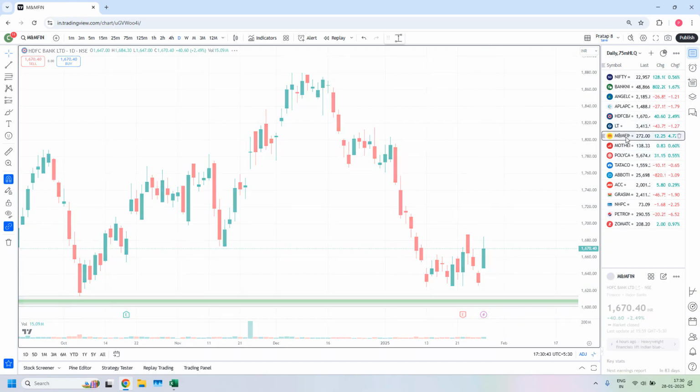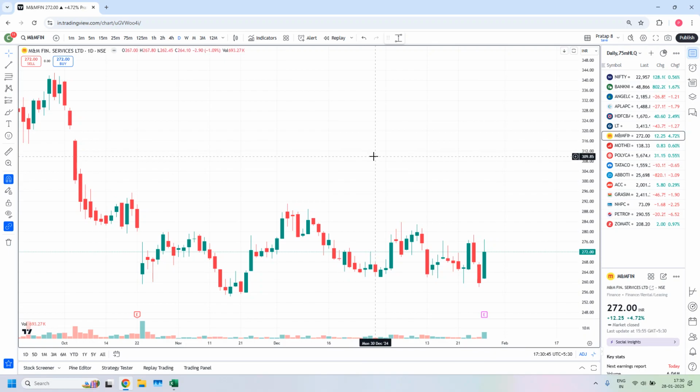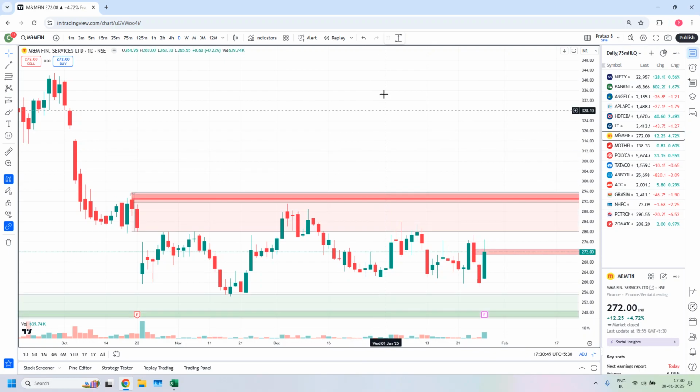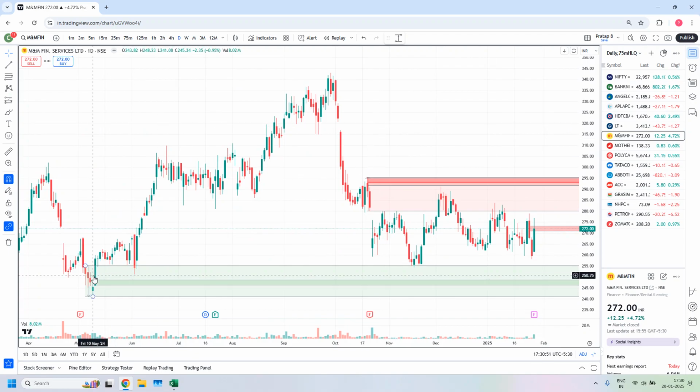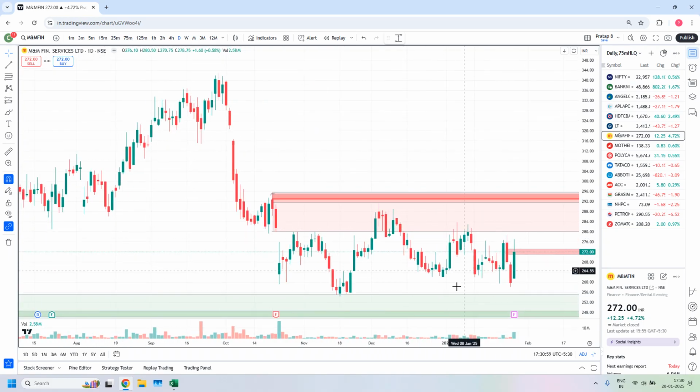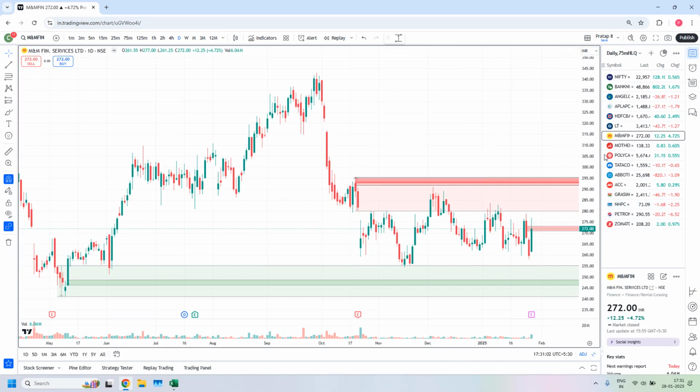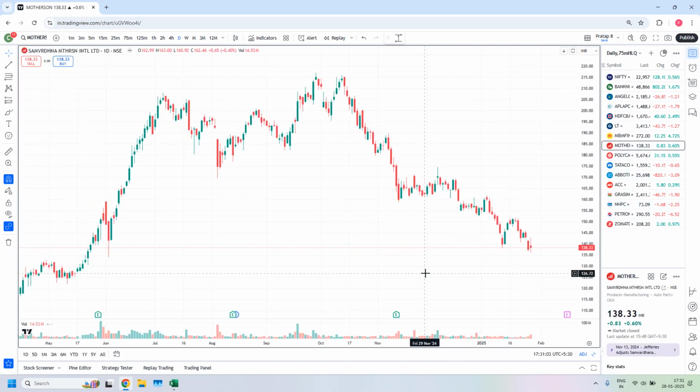L&T and the next, what is the next one? M&M Finance. M&M Finance is also a daily high liquidity zone, and this zone is not having proper fine-tuned structure. Only 75-minute zone is there, but inside no 15-minute structure. So anyway, no trade plans in this zone. And Motherson.